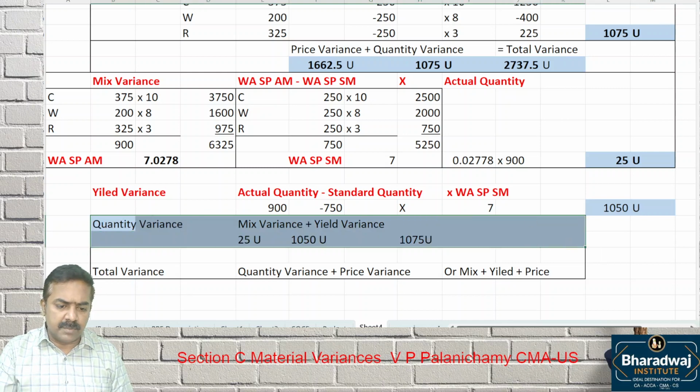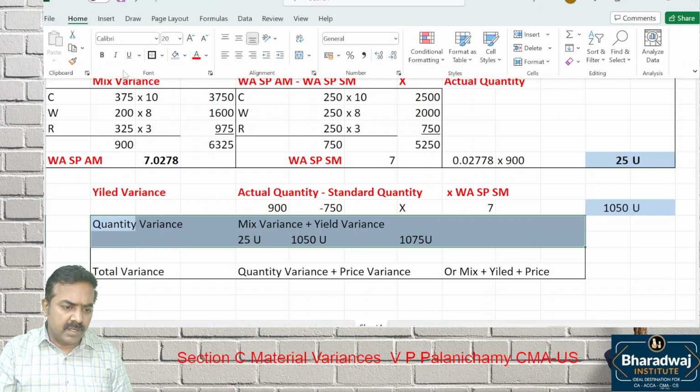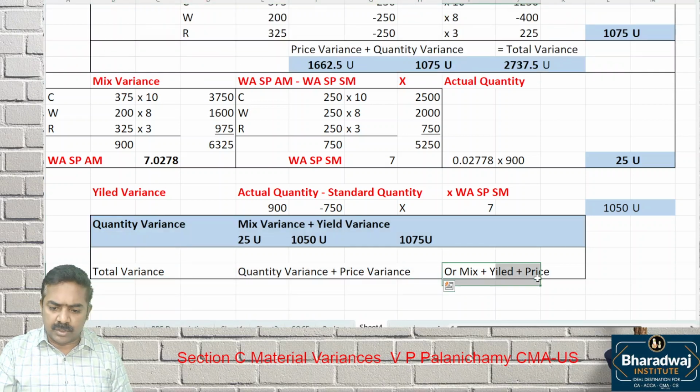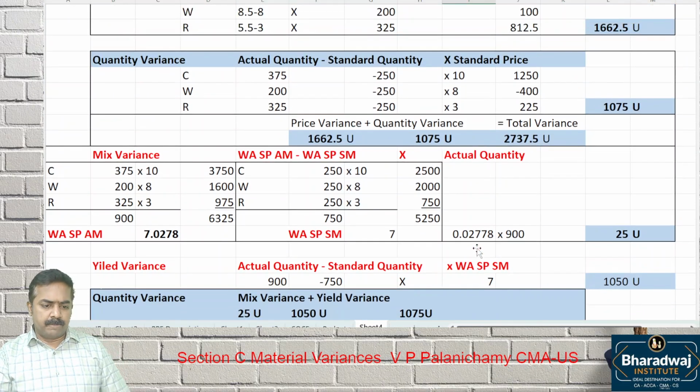Quantity variance comes because of which variance? Mix variance and yield variance. Total variance already we reconciled, or you can do this also. Take up this.